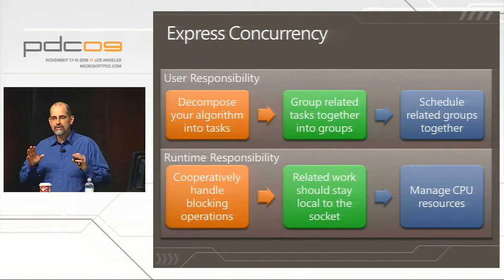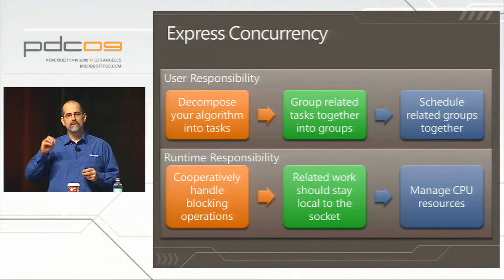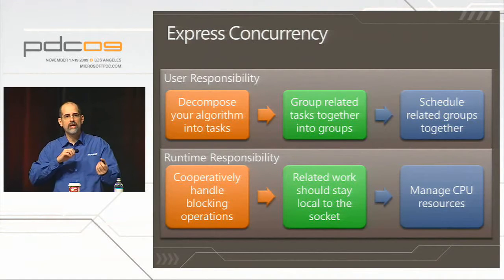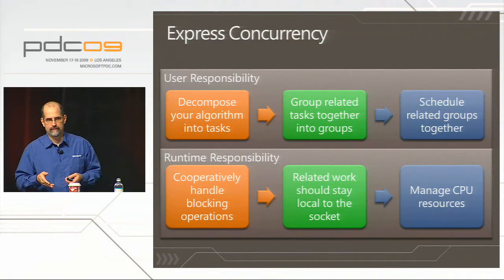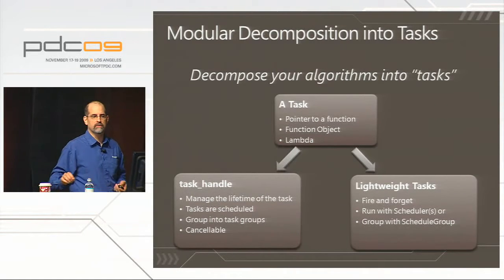And it should manage the CPU resources so that you're not oversubscribing to those resources and forcing the operating system to start choosing which thread should be running, instead of you choosing in your application. That's what the runtime does for you, and you don't have to write any code.